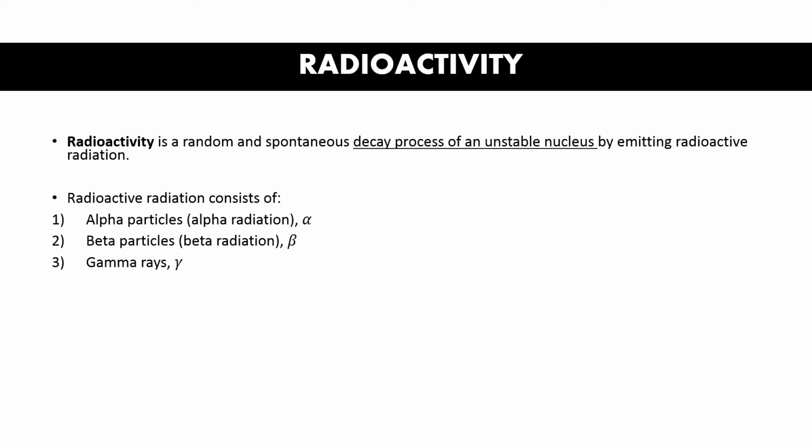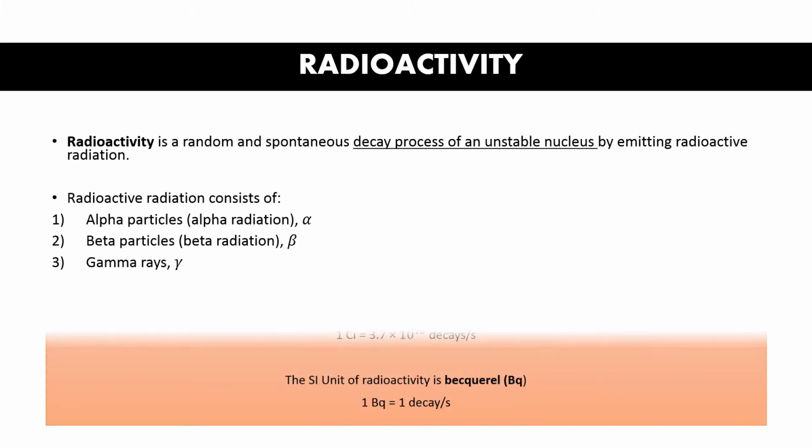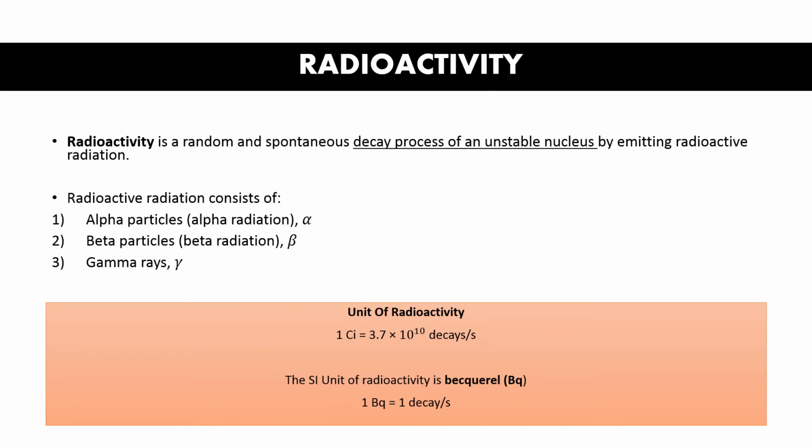Now, what is the unit of radioactivity? The units of radioactivity, you can see here, are two: Curie and Becquerel. The first unit of radioactivity introduced was Curie.